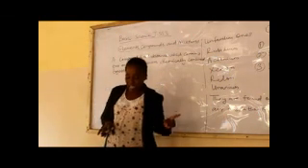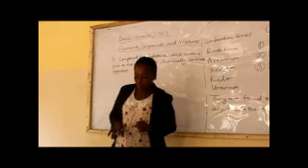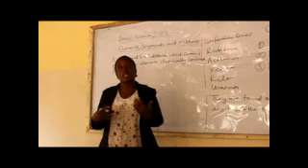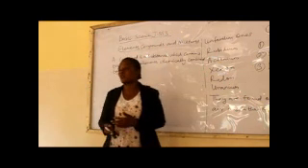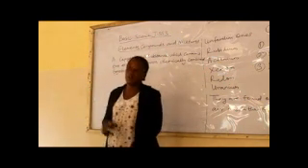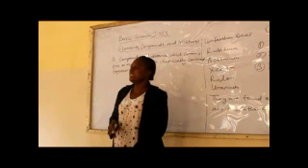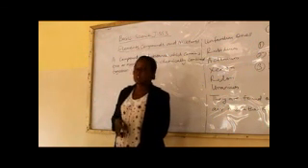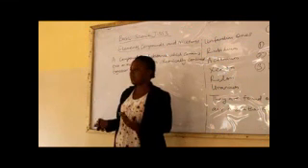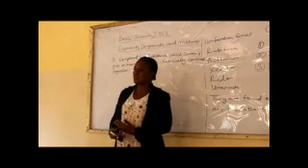That is why we said that a compound is formed as a result of a chemical change. You know what a chemical change is? We said that a chemical change is one in which a new substance is formed, and it is not easily reversible. You cannot easily reverse it because you have formed a new substance altogether.